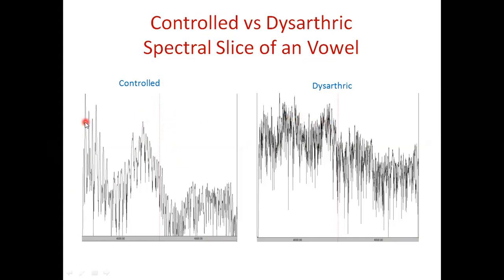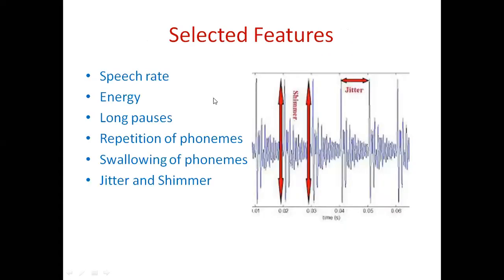In this spectrum, if you measure the distance between two peaks, that gives us the pitch. The differences are very clearly visible. It is very straightforward to measure pitch from the control speaker, and you can see the noisiness in the dysarthric speech. So like this, you should be able to identify the differences.